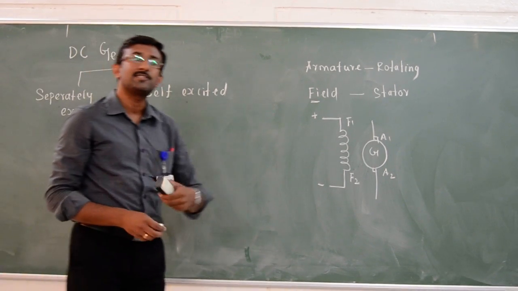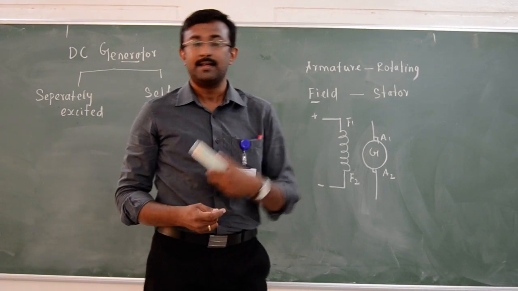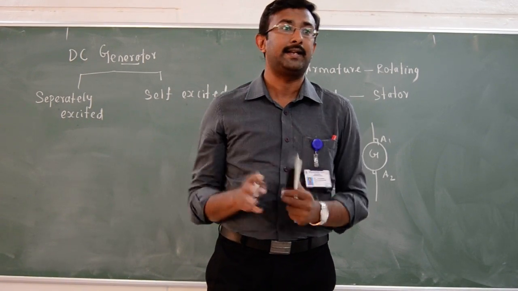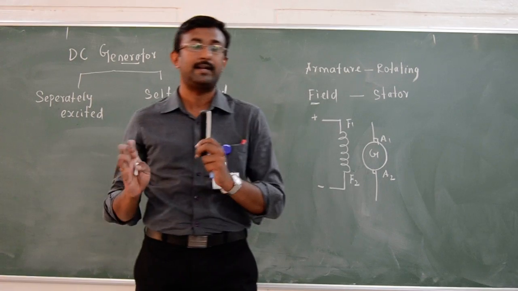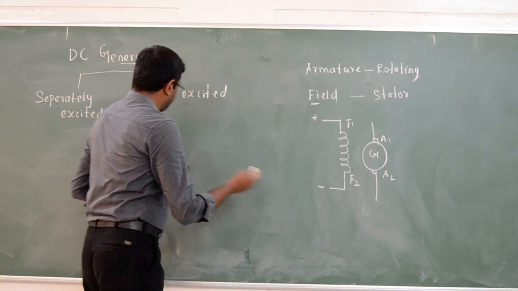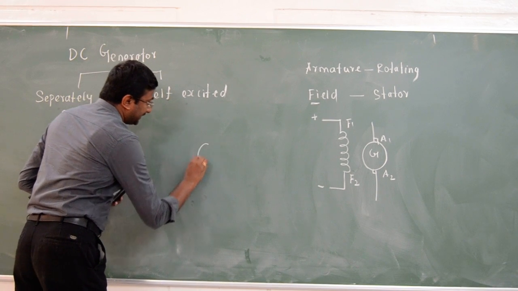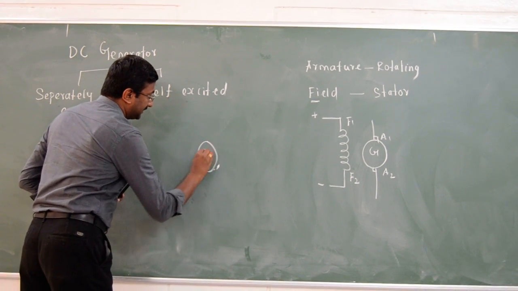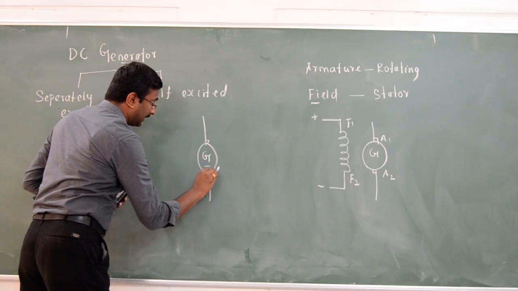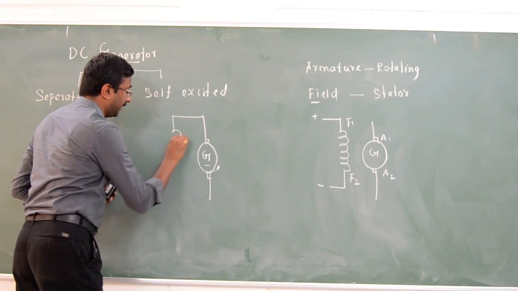In a self-excited DC generator, the excitation to the field winding will be given with the help of the generator itself. So this type of generator is called a self-excited generator. We have an armature winding, and then we have a field winding.